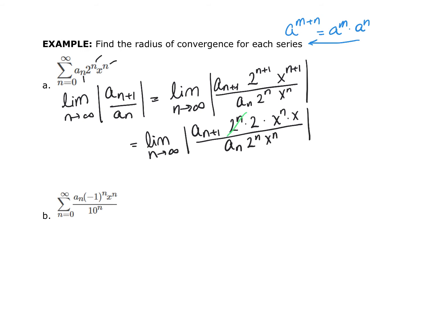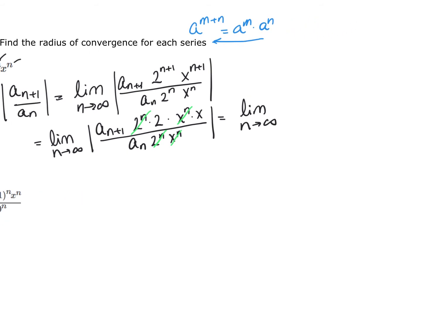We can see that the 2 to the n's are going to cancel, the x to the n's are going to cancel, and I'm left with the limit as n goes to infinity of 2, actually 2 a sub n plus 1 x over a sub n.